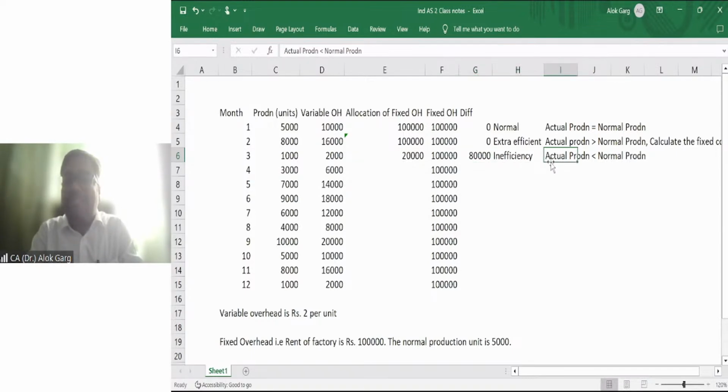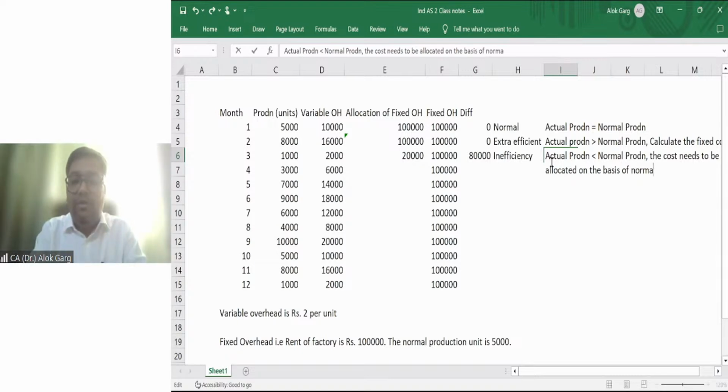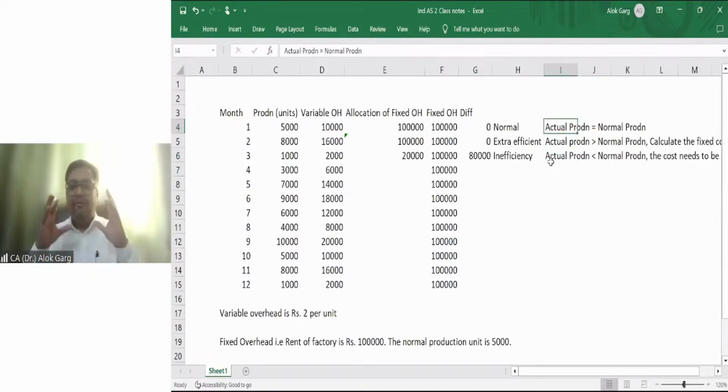When actual production is less than normal production, cost needs to be allocated on the basis of normal production. So friends, if your actual production is equal to normal production, life is very simple.